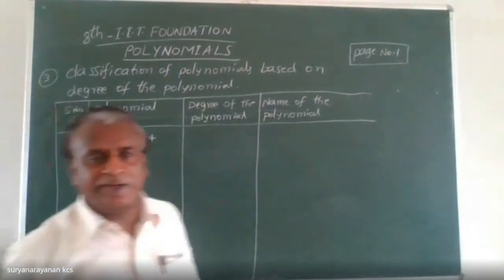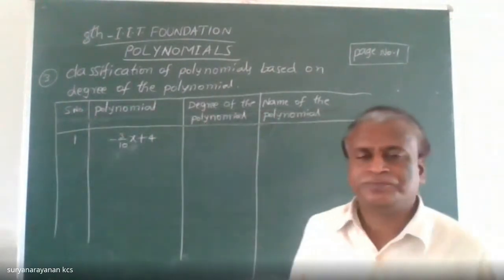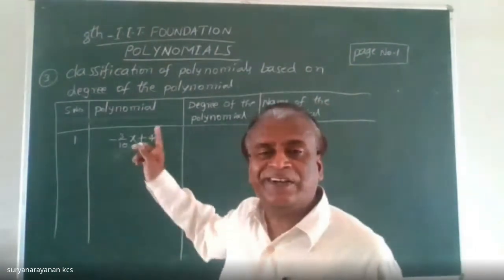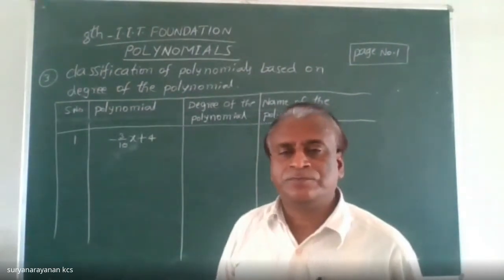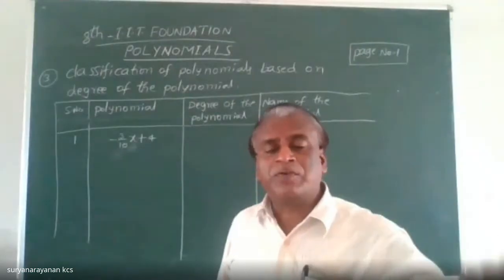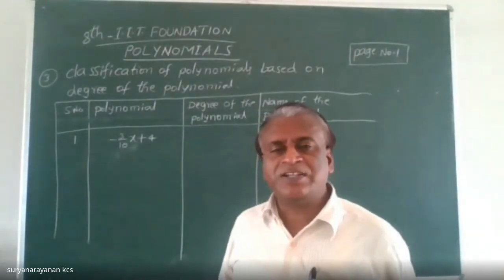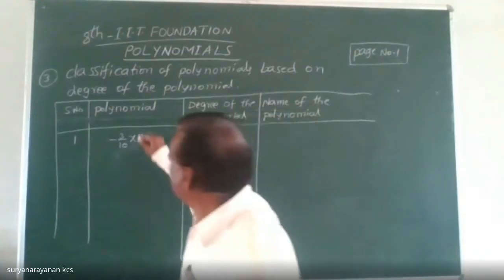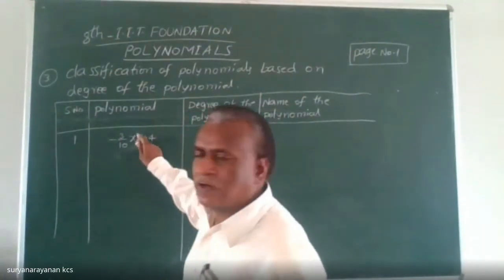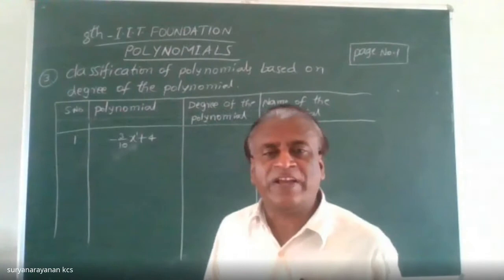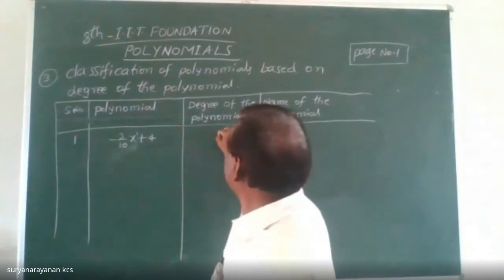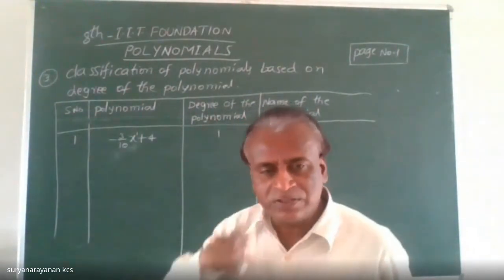Now tell me the degree of this polynomial. Observe this: minus 3 by 10x plus 4. What is the highest power of x? The highest exponent of x is 1. So the degree of the polynomial is 1.